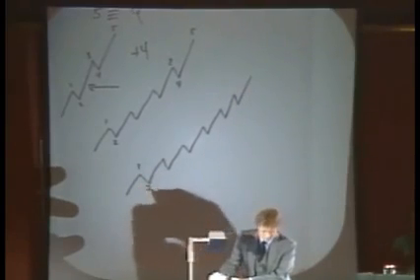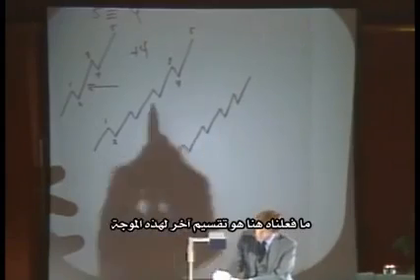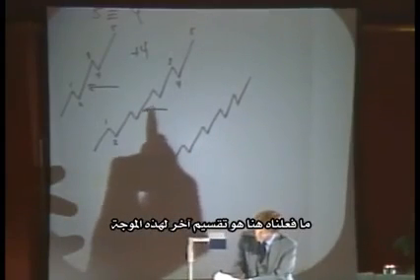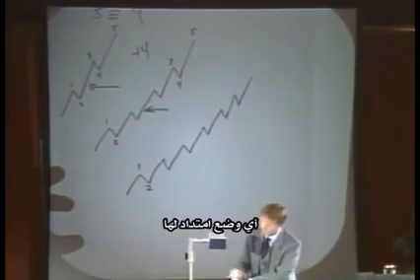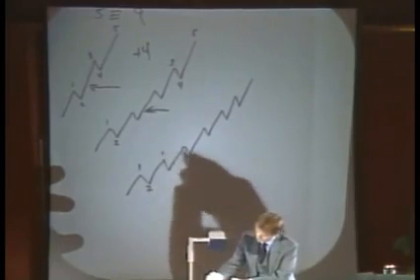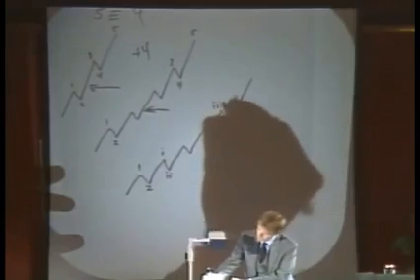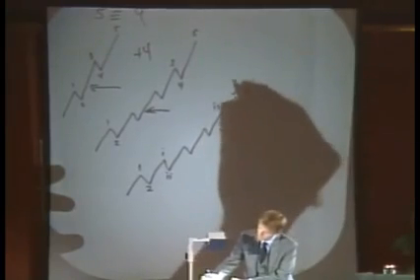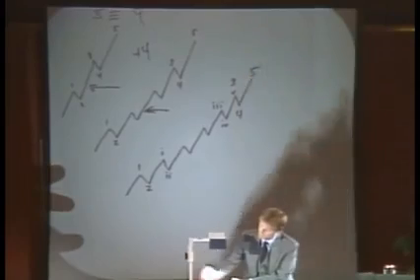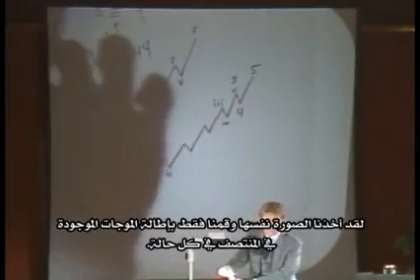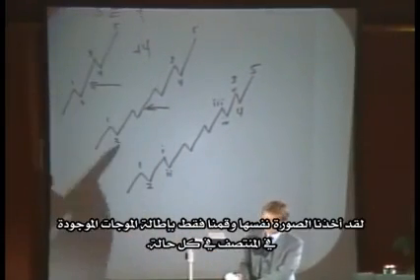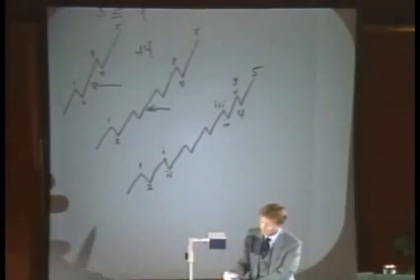What we've done here is to further subdivide this wave, put an extension in it. Okay, I've taken the exact same picture and just extended the middle wave in each case.